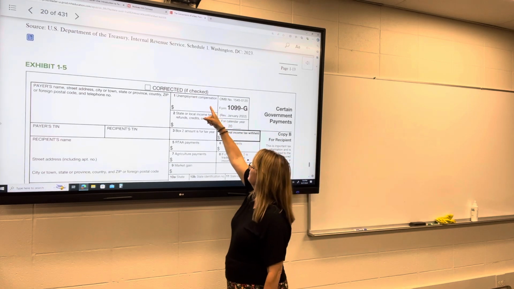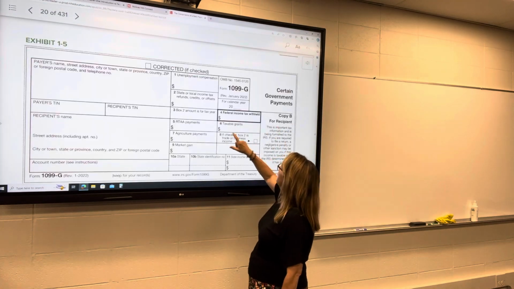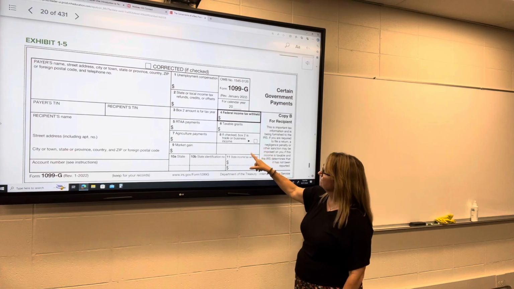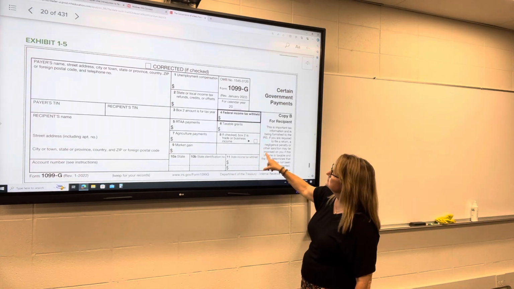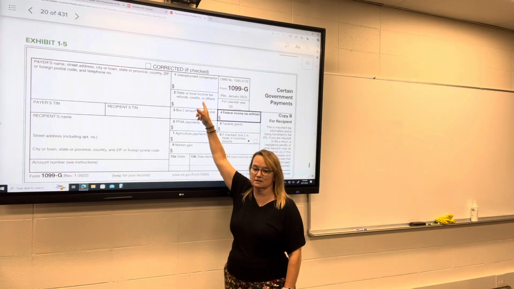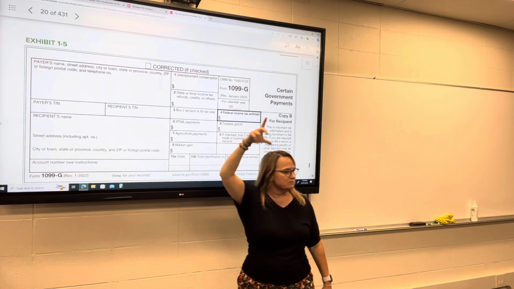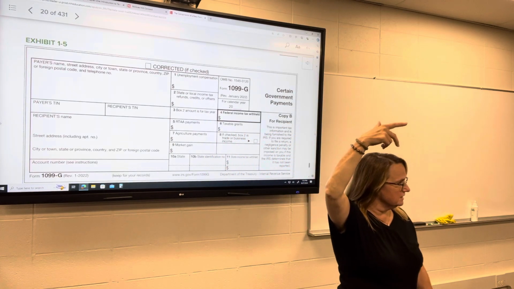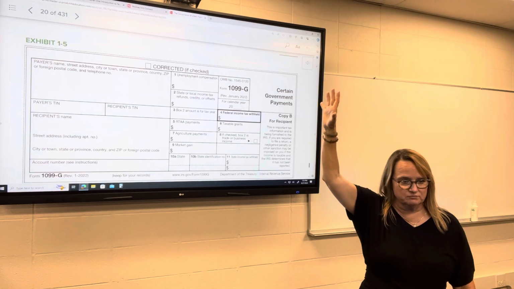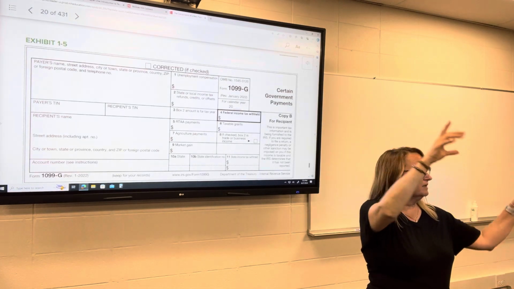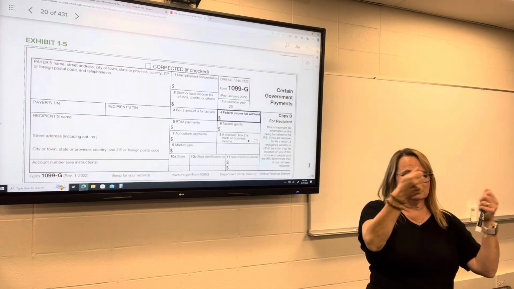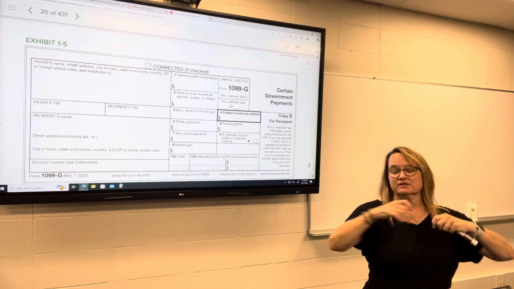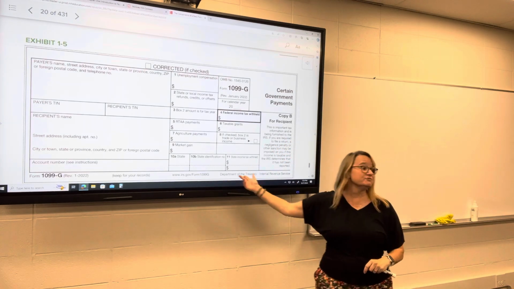Unemployment shows up here also. State and local tax refunds. If you ever received a state income tax refund from Iowa, has anybody received one of those? They come on these little postcards that you have to tear apart and everything. It doesn't look anything like this.